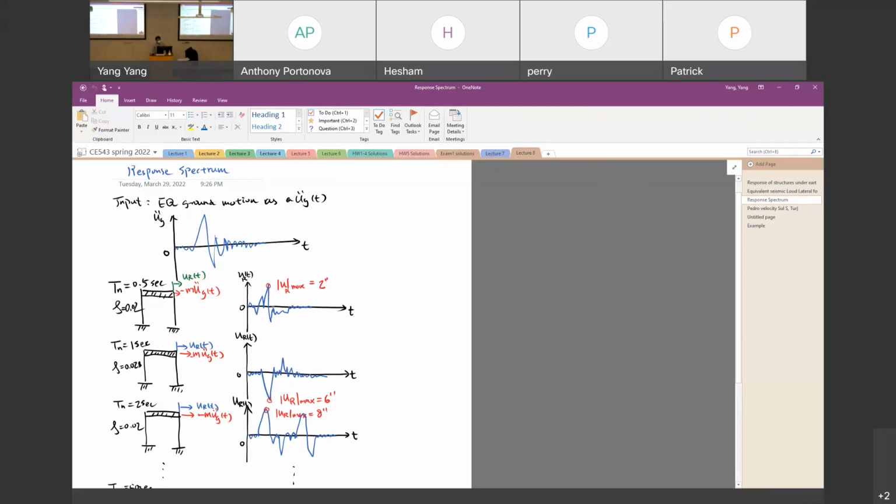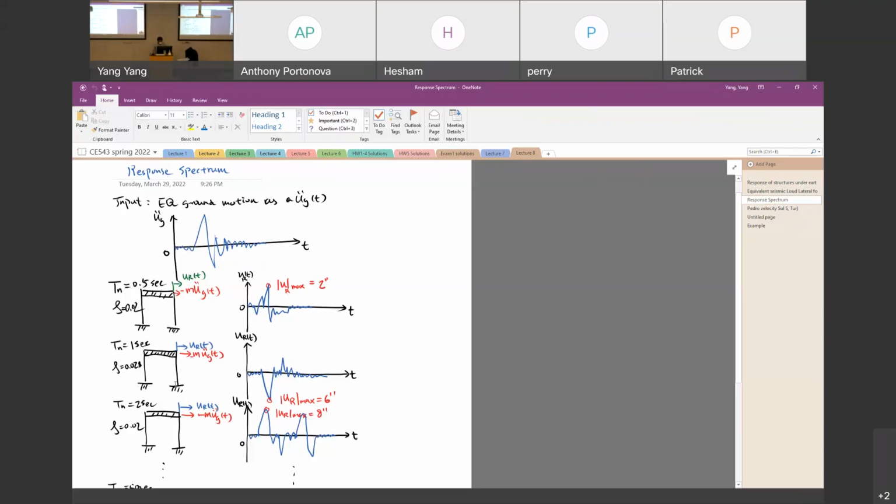Based on the time history, we should be able to tell what the maximum displacement is. So that is the maximum response for a selected natural period equal to 0.5 seconds, for example. That's one of the results over here.